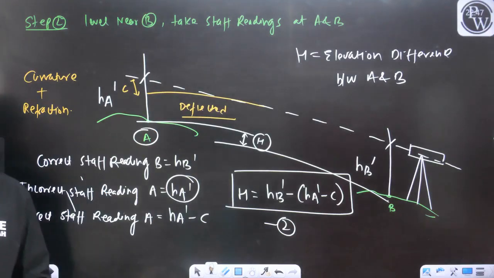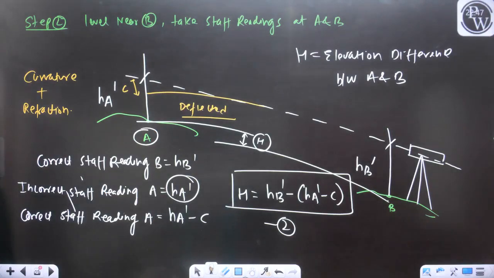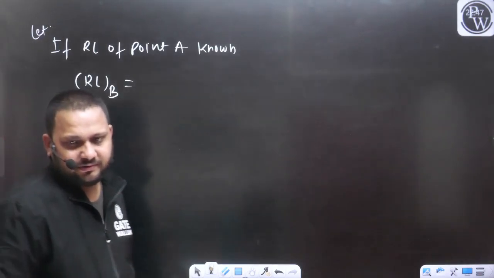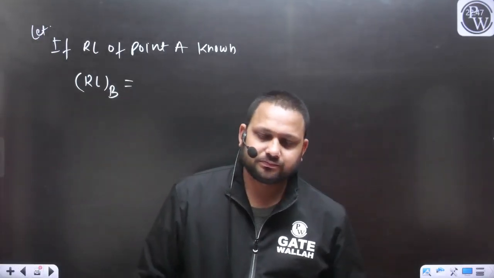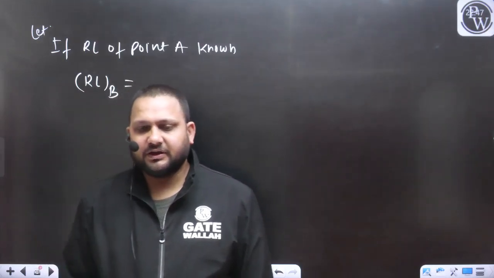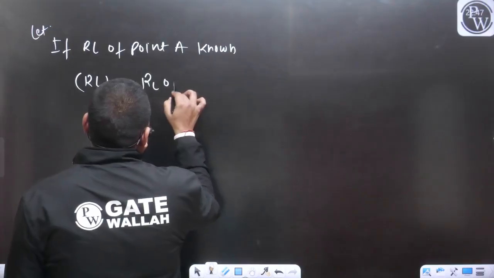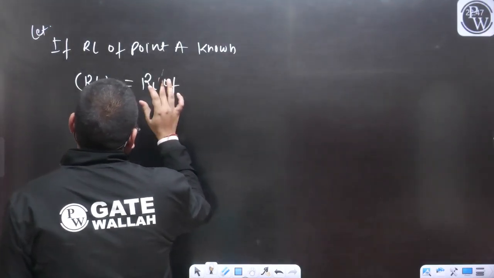So yes, RL of B plus H. RL of B we have to calculate. Yes, RL of point A is known to you.